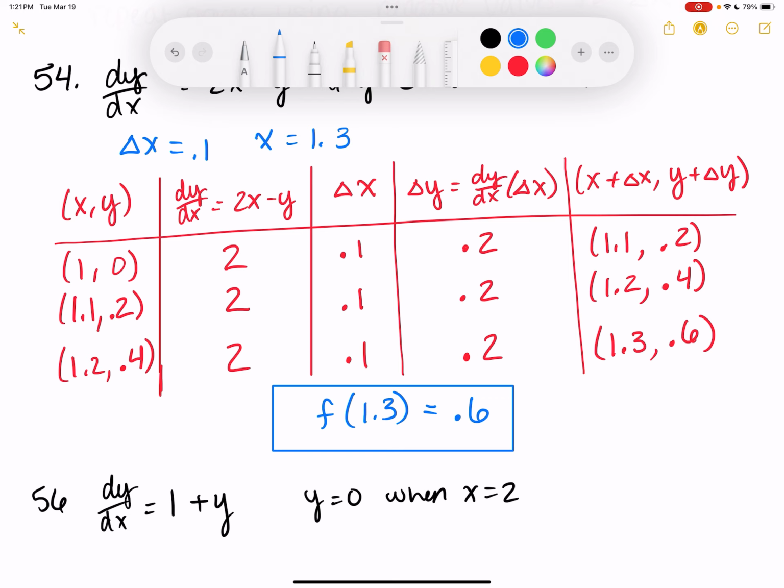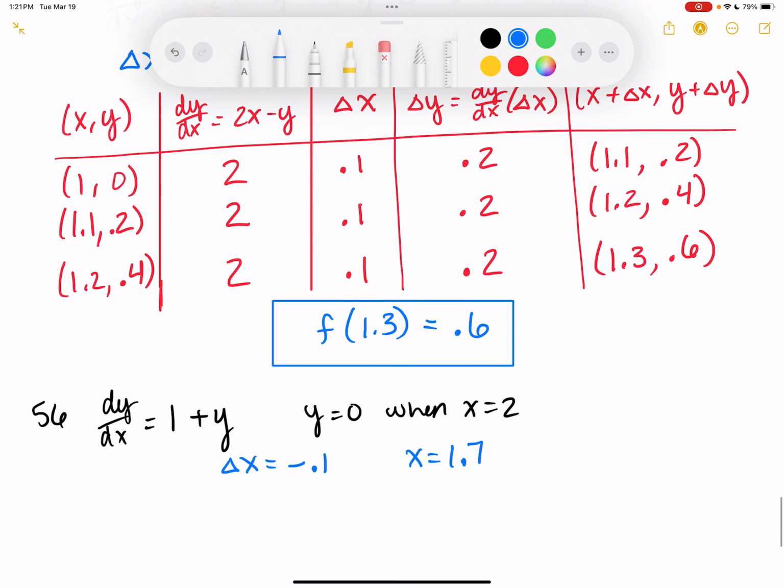And this time in the instructions, they tell us that delta x is negative 0.1 when we're going to find y when x is equal to 1.7. Okay, so we're starting at 2 and we need to get to 1.7. So we basically need to go down.